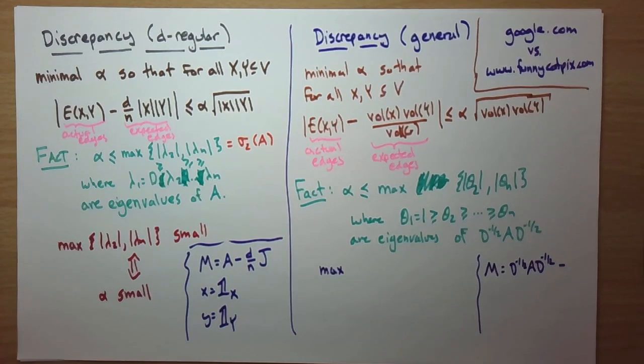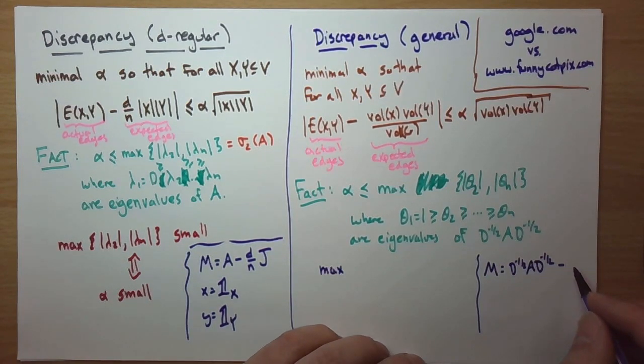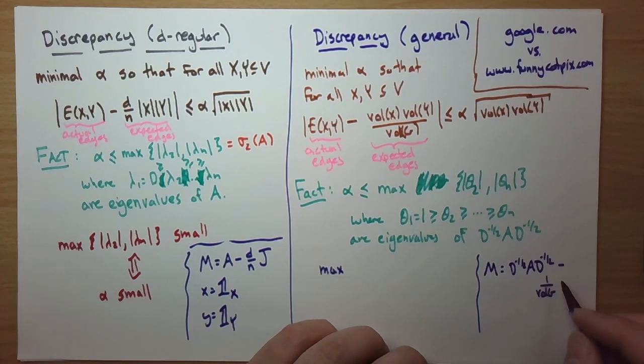Okay, I got this. All right. It's 1 over volume of G times D to the 1/2 all 1's vector and all 1's vector transposed.